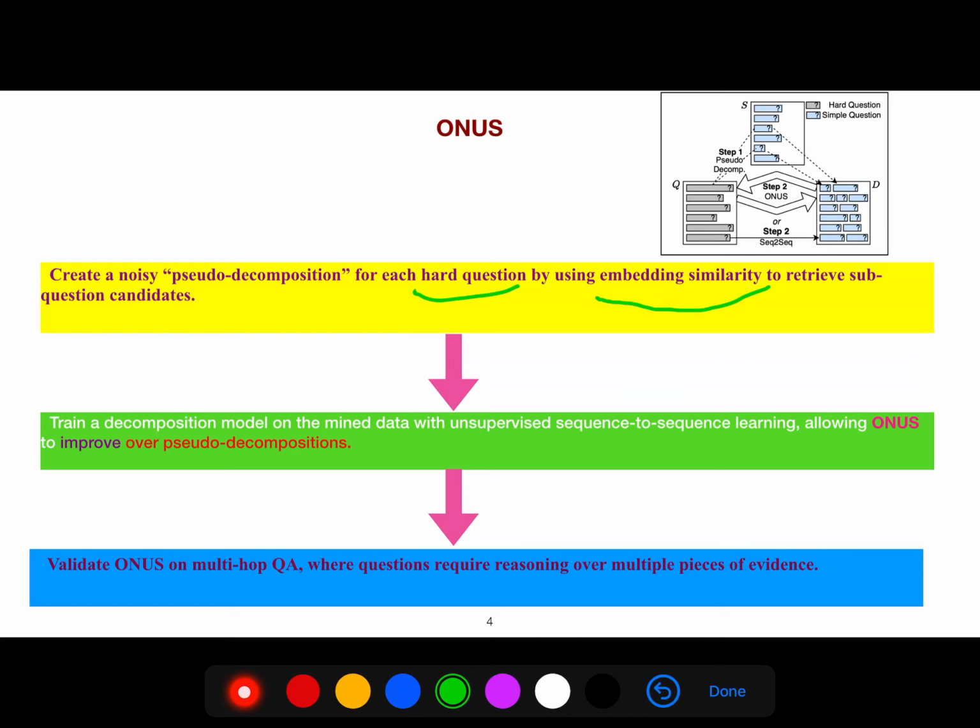After that, we train a decomposition model on the mined data with unsupervised sequence-to-sequence learning, allowing ONUS to improve over pseudo decomposition. As I said, these pseudo decompositions in step 1 are very noisy. They're not related to the topics of the question.